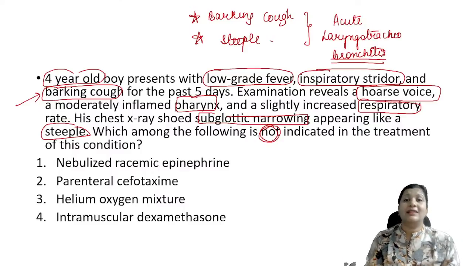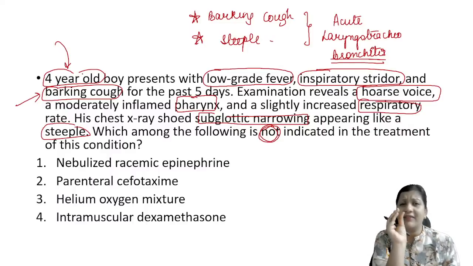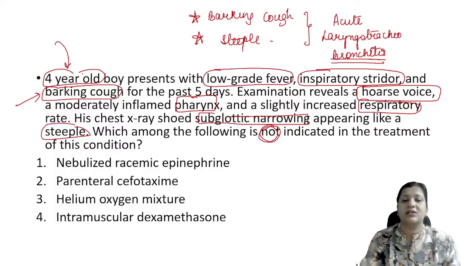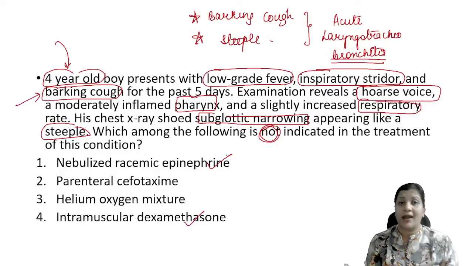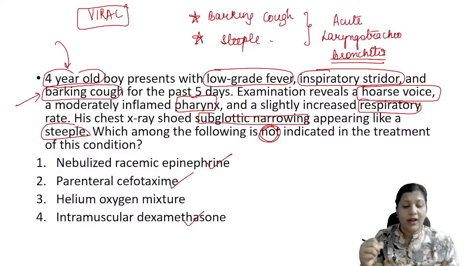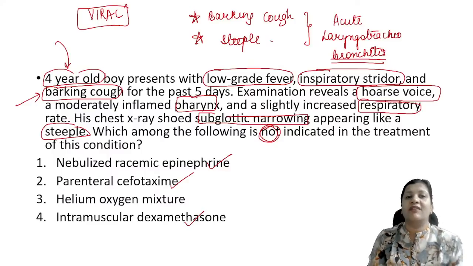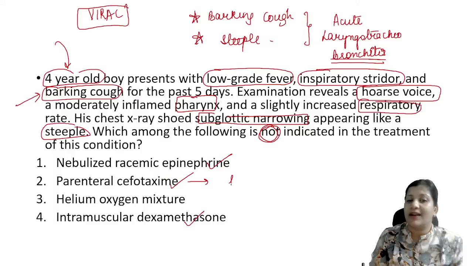Typically this is seen in the younger age group, between 3 months and 3 years of age. Already they have small airways; edema will cause further narrowing and respiratory distress. So steroid and epinephrine form a very important part of the management. Although it is caused by viral infections, you will have to give an antibiotic. Some of you marked two, but you will have to give an antibiotic to prevent superadded bacterial infection.